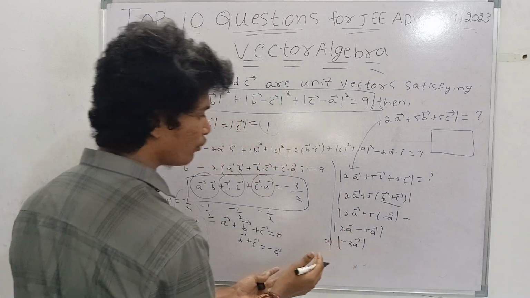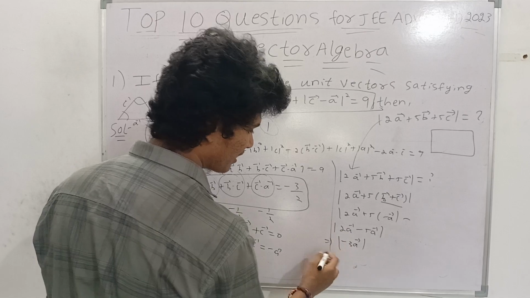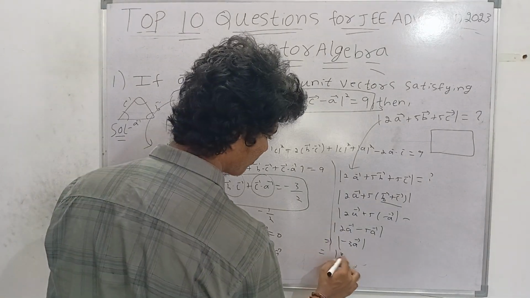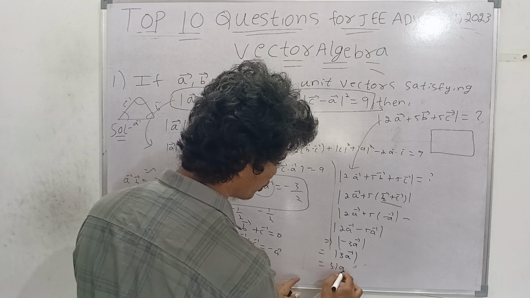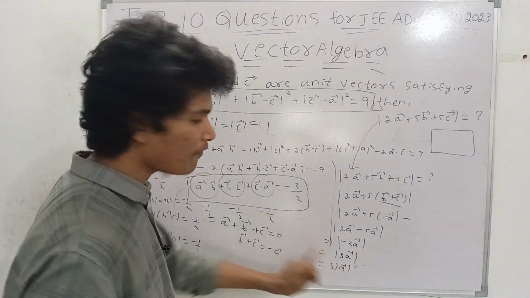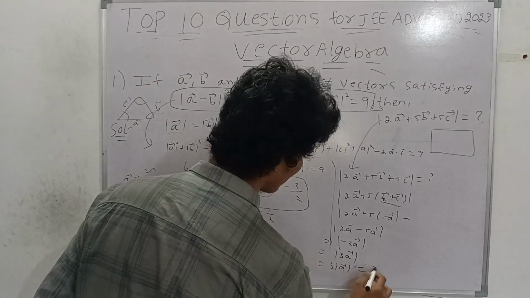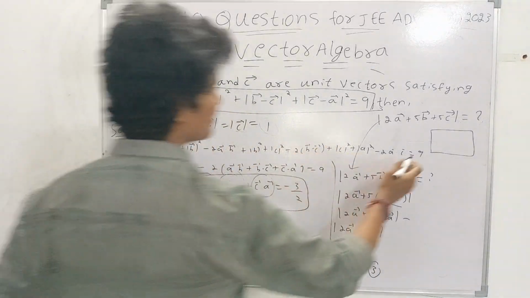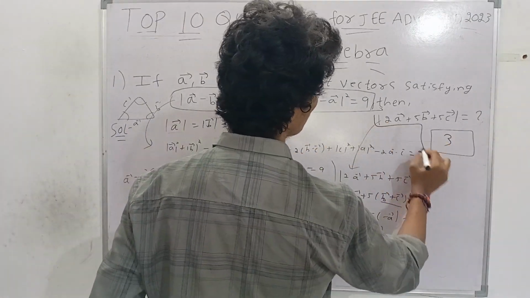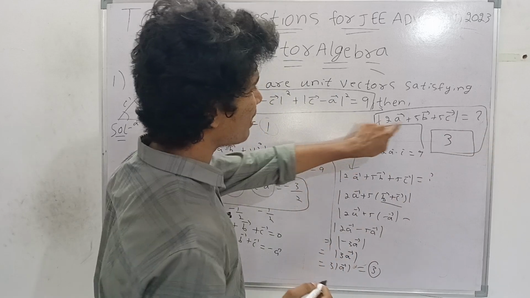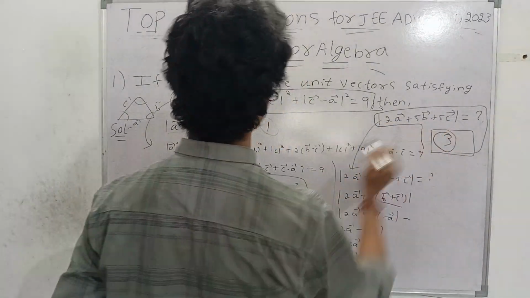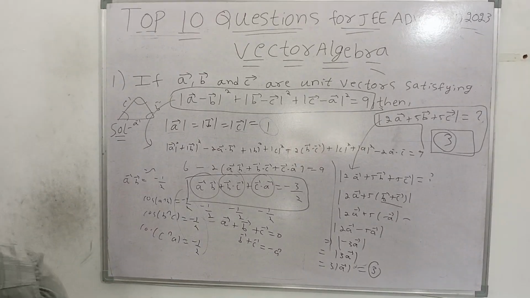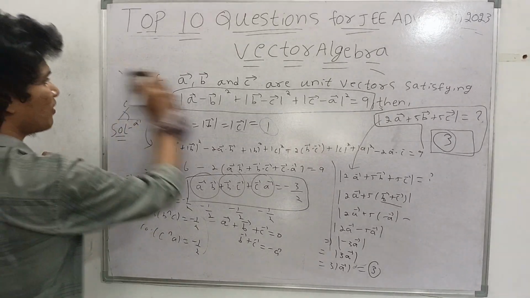We want its magnitude. The minus becomes plus outside, and taking 3 outside, it is the magnitude of A, and we know the magnitude of A is 1. So the complete answer is 3. Basically, they asked the value of 2A bar plus 5B bar plus 5C bar, and that is 3. This is a JEE Advanced question. The first question is completed.